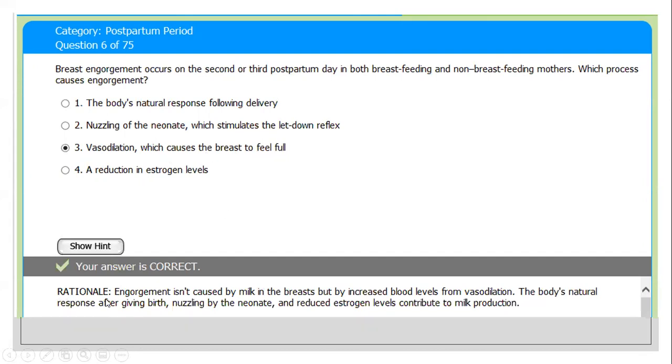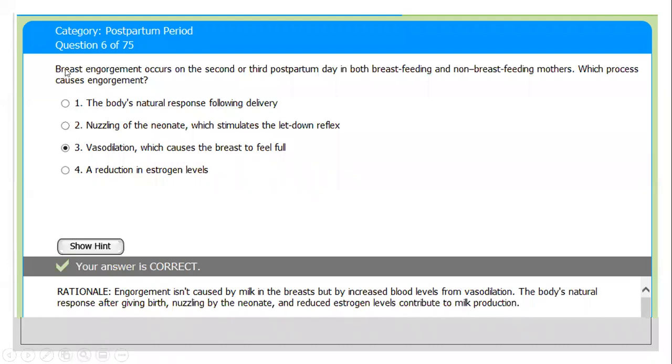The rationale said engorgement of the breast is not caused by the milk in the breast, but by increased blood flow in the vessels from vasodilatation. The body's natural response after giving birth also reduces the estrogen level, which contributes to milk production.